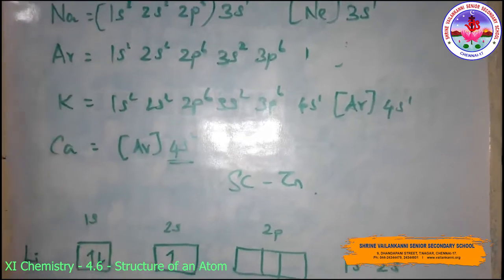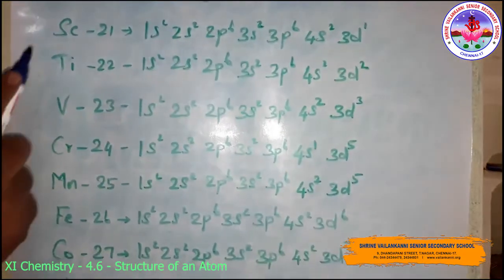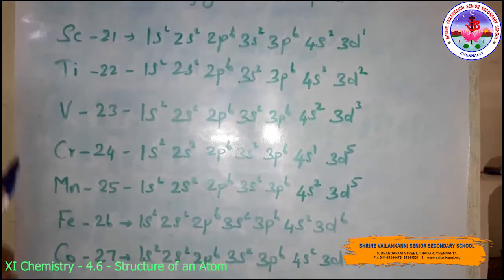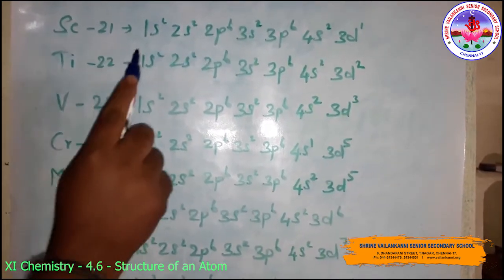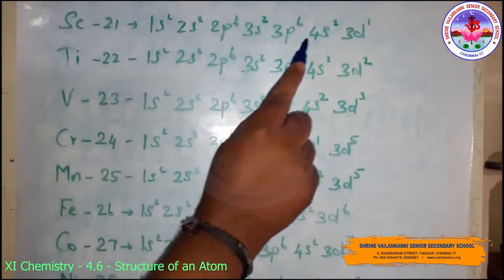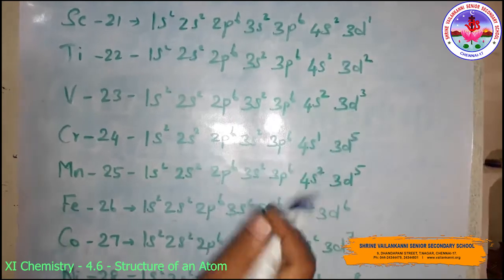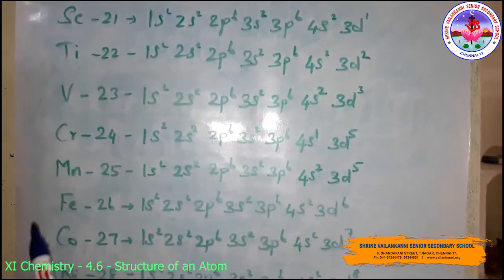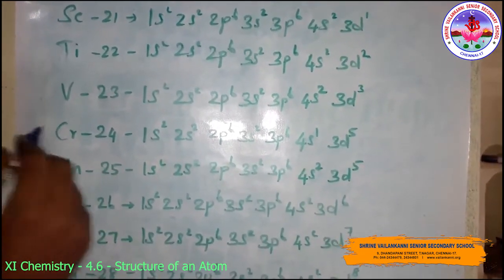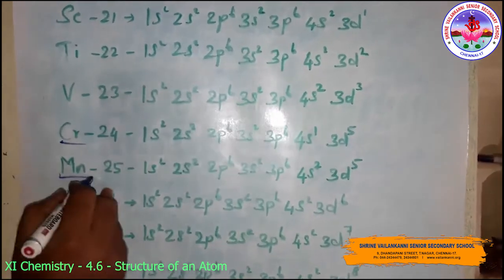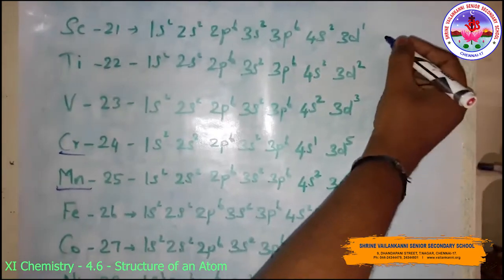Look here, scandium to zinc, the electronic configuration: 1s2, 2s2, 2p6, 3s2, 3p6, 4s2, 3d1. I will write the outer electronic configuration.